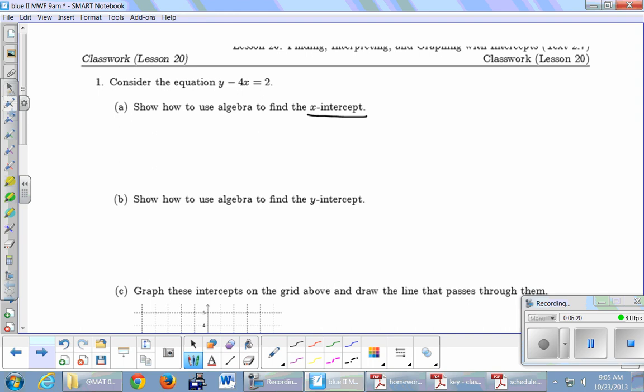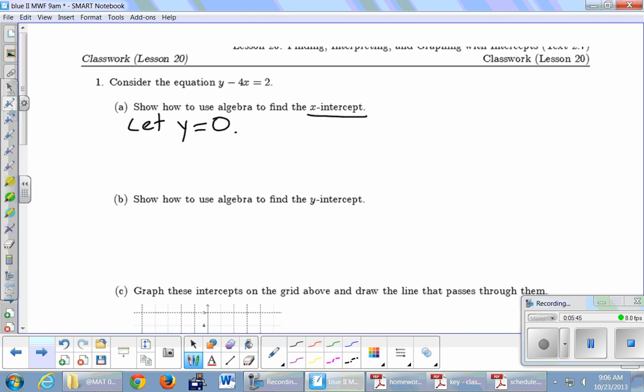We're using algebra here. In order to find an x-intercept, we have to let something equal 0. What letter do we let equal 0? It's the y. We see that? We're finding the x-intercept, so we let the other letter equal 0. Everybody clear on where that came from?